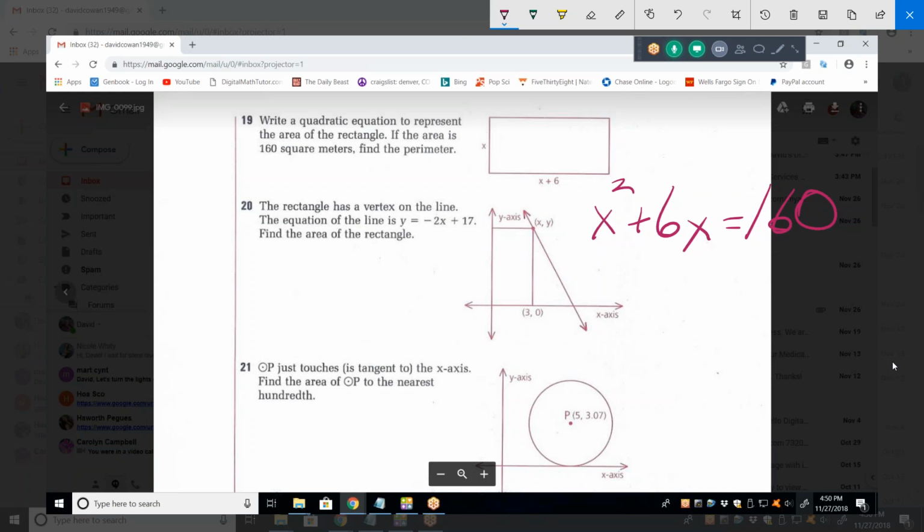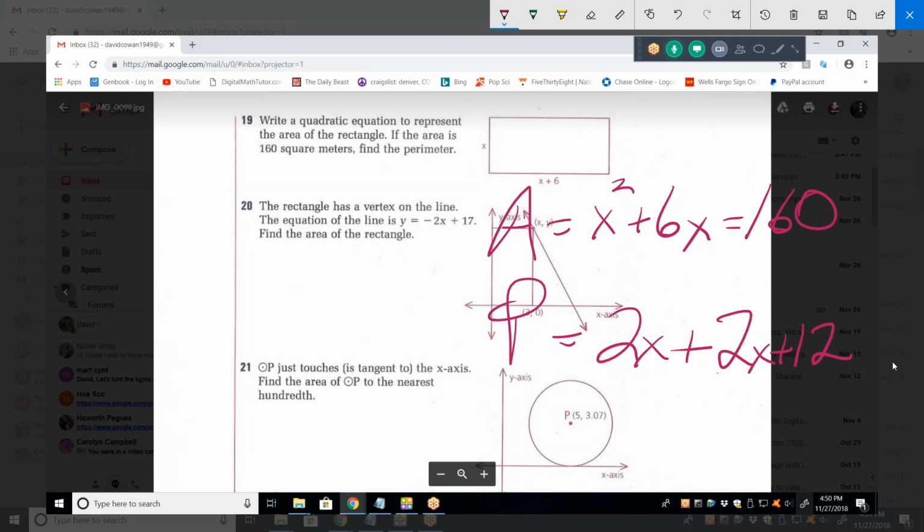What's the perimeter formula? 2x plus 2 times x plus 6. So the perimeter is 4x plus 12.